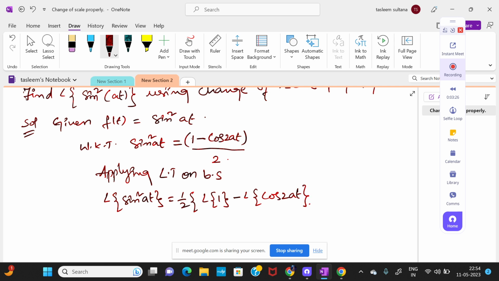Now I have to use the change of scale property for this function. When I use this, I will drop this 2a and just consider it as t.